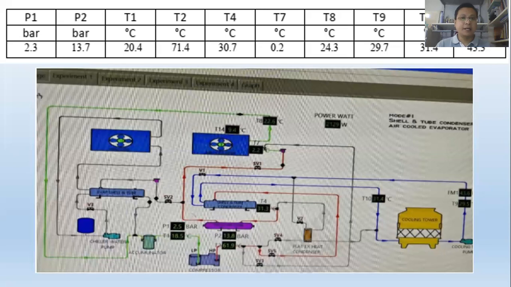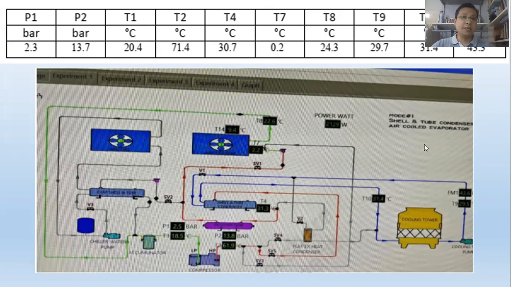So we should identify which temperature is from the condenser, which temperature is before coming to the condenser, and which temperature is before the pump and after the pump. So we have 4 points to observe.